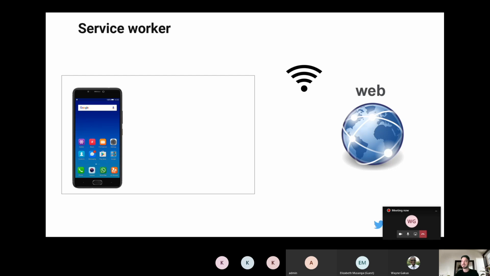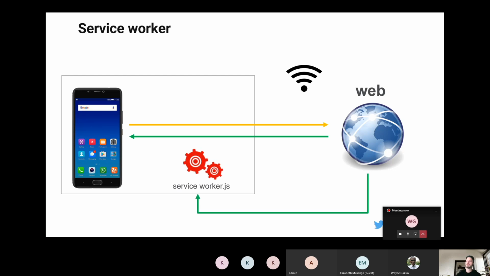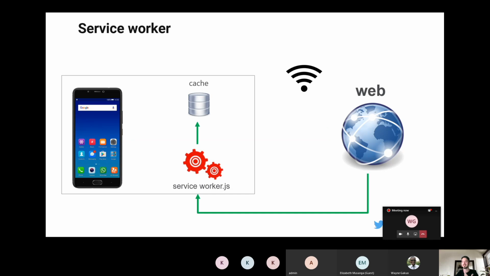Let's see how a service worker is installed and how it works. When we access a website the first time, in the response, we also download the service worker. It's just a JavaScript file that gets installed on the client side. And then, according to how we implemented the service worker, we can eventually already cache some assets on the client side.